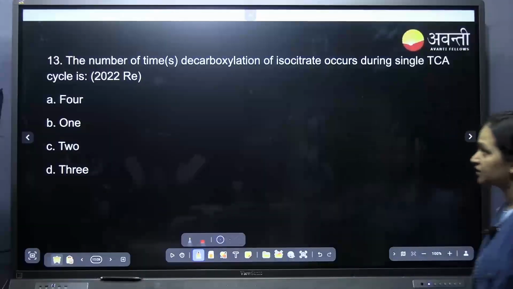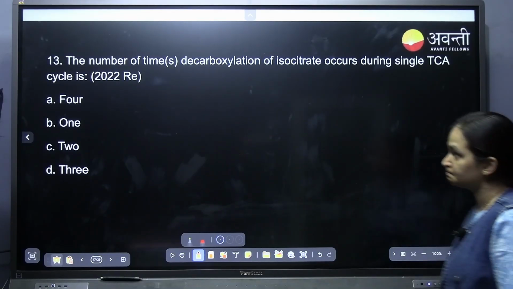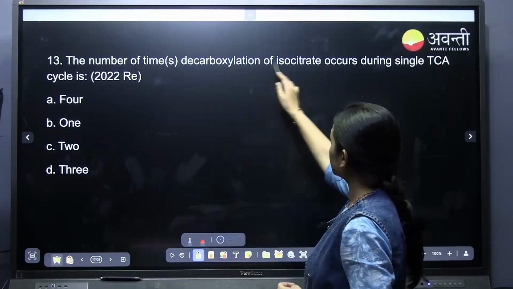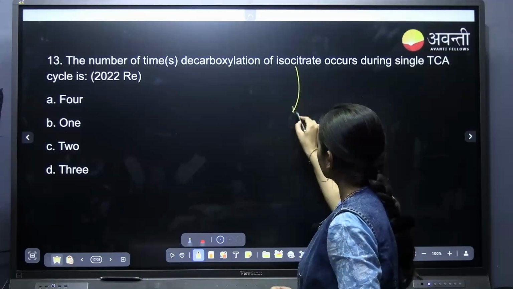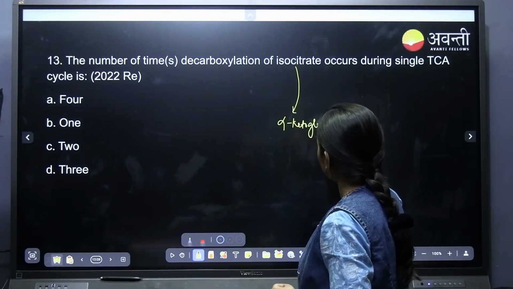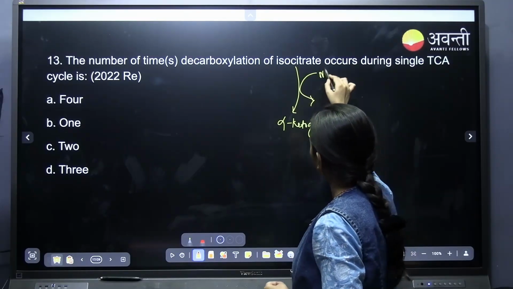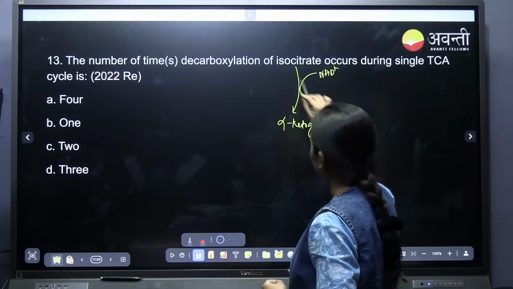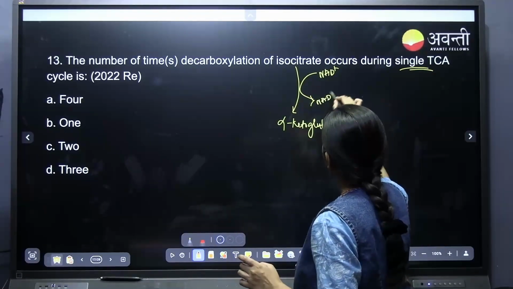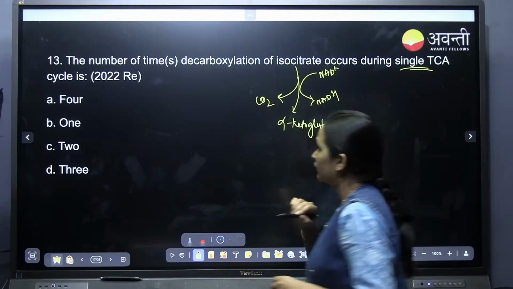The number of times decarboxylation of isocitrate occurs during a single TCA cycle is, in a single TCA cycle, isocitrate forms alpha ketoglutarate. In this, one molecule of NAD plus is reduced to NADH, and one carbon dioxide was evolved here, right.